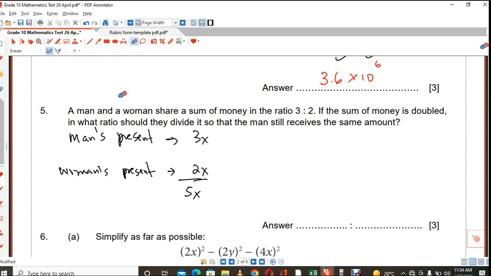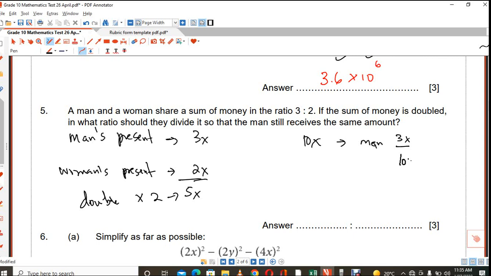But when you double something, it means you multiply it by 2. So now they have got to share 10x. But the man still wants 3x, out of a new value now.